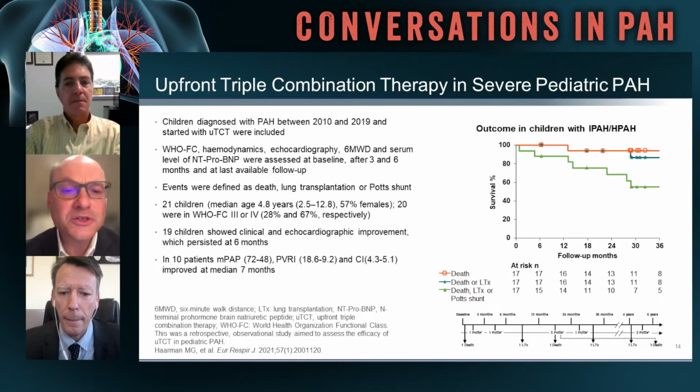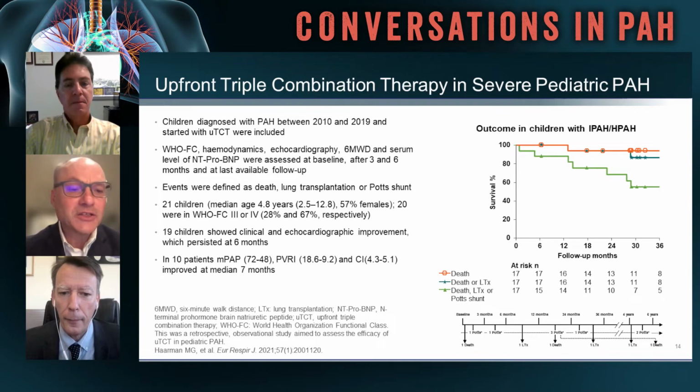And this work was inspired by Professor Humbert's work. Again, it was retrospective and looked at any patient that they had at their center between 2010 and 2019 that were started on upfront combination therapy, I believe, within 1 month. And they looked at many of the parameters that we normally look at.